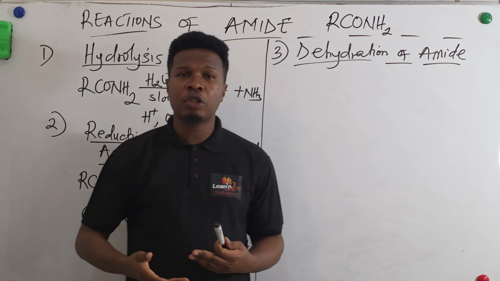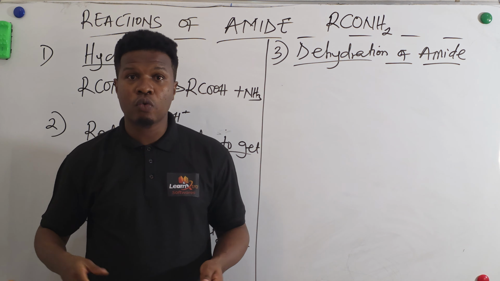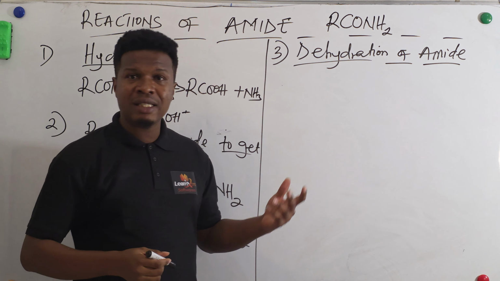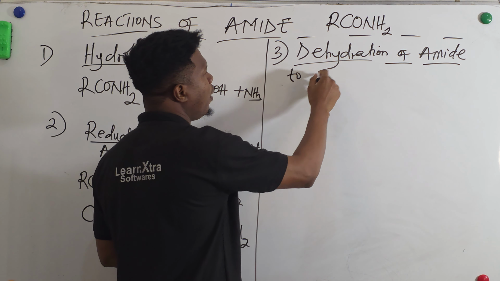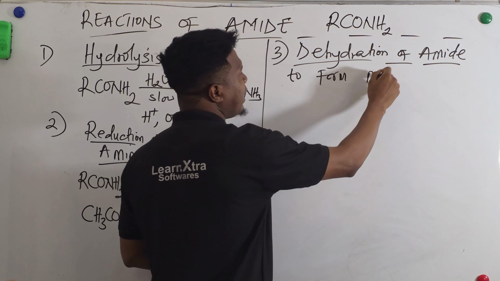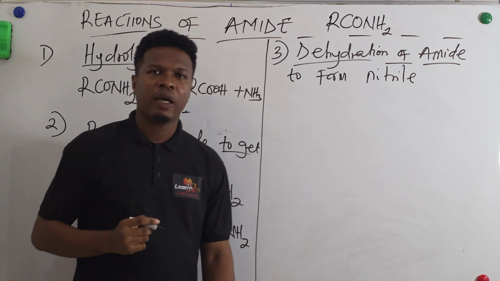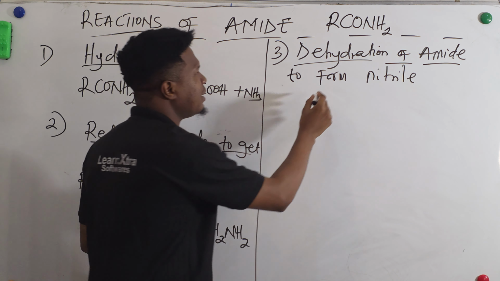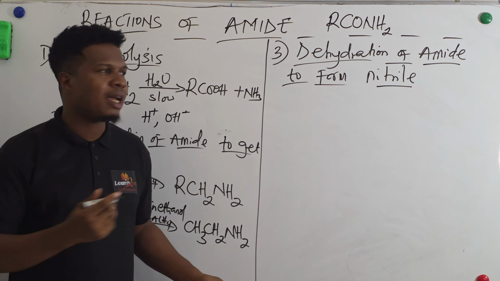When you heat up the solution, it will bring about dehydration, which is the removal of water. At the end of this dehydration, it will form a nitrile. Dehydration of amide to form a nitrile. How can we get this nitrile?